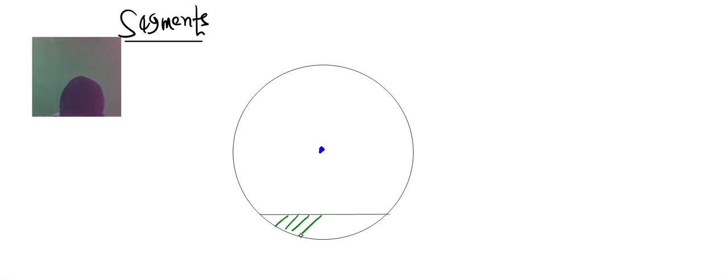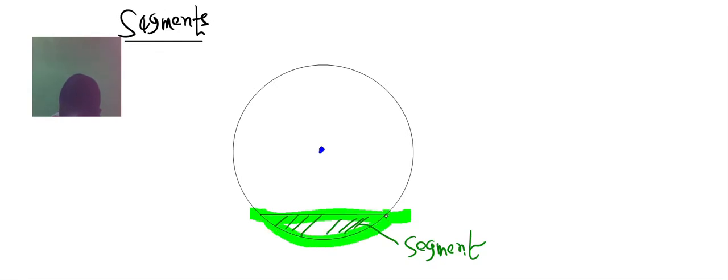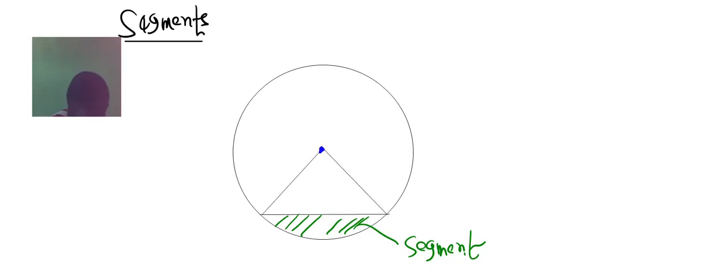So this part, let's call it the segment. So the segment is the region in the circle that is bounded with the chord coupled with an arc. So we have the chord coupled with this arc, then you have a segment. Basically, the chord divides the circle into two segments, minor segment and major segment. Now let us have the radius of the circle. So here we have the radius of the circle, we have theta.